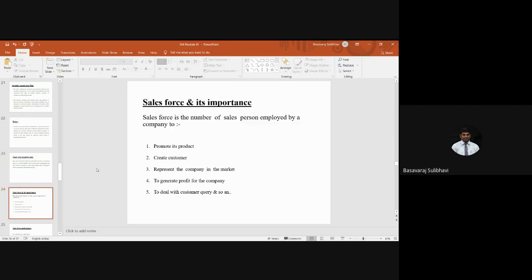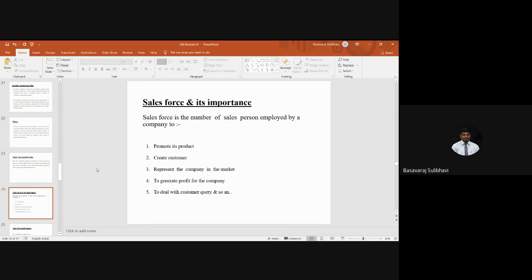So we have something like Salesforce and its importance here. These are very common things which we know and generally use in organizations. Salesforce is the number of salespeople employed by a company, the total number of sales executives or salespeople in the organization.